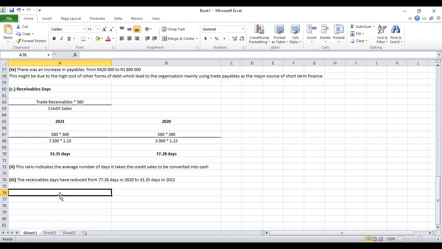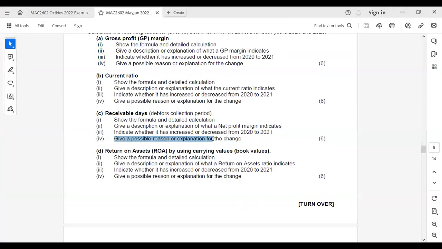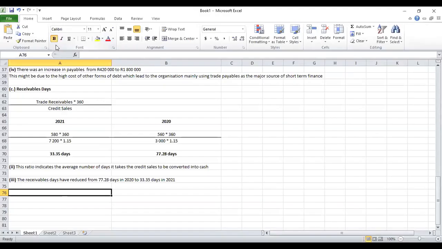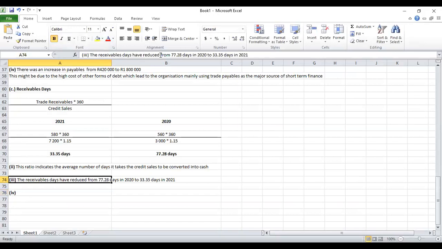Then give a possible reason. If you can see, there's been a great improvement in the number of days that we are taking. So actually, maybe let me just say that they've improved. When the trade receivables days go down, it's actually an improvement.